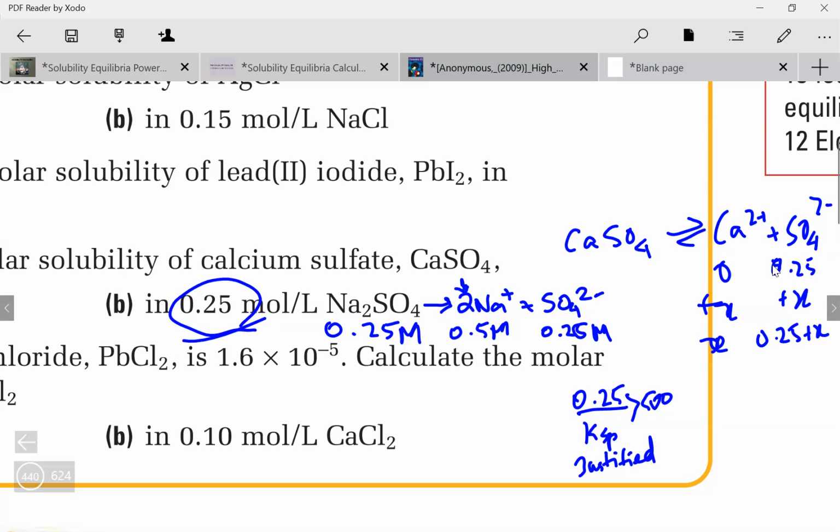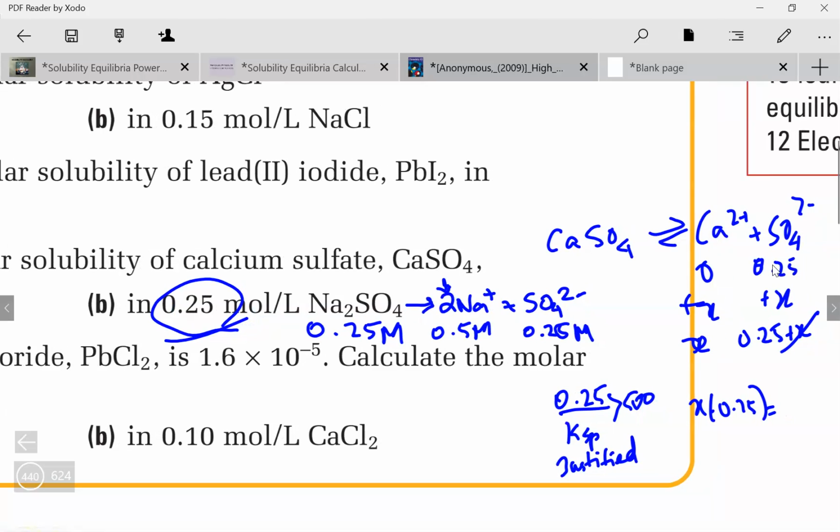So here I have my answer as x times 0.25, because I canceled out that, equals 4.93 times 10 to the power of negative 5. So my x is just this divided by 0.25, which is 1.972 times 10 to the power of negative 4.